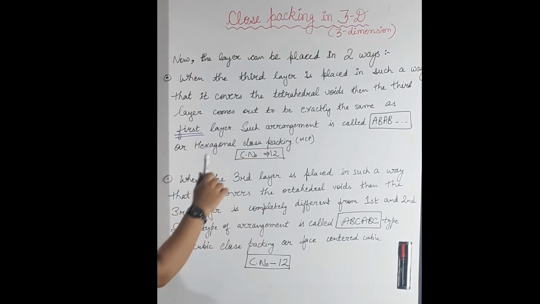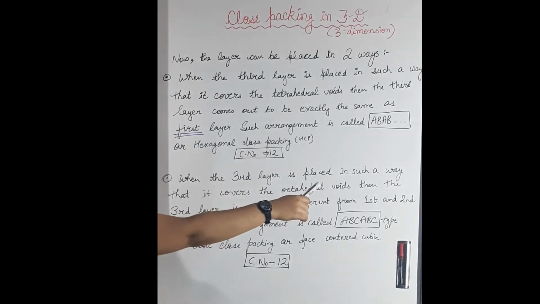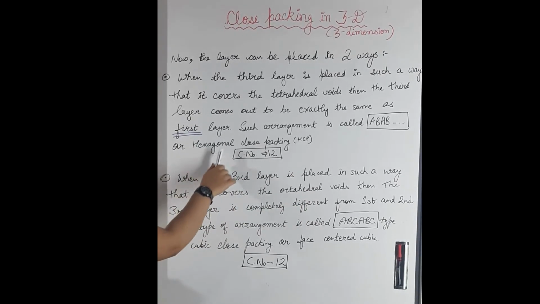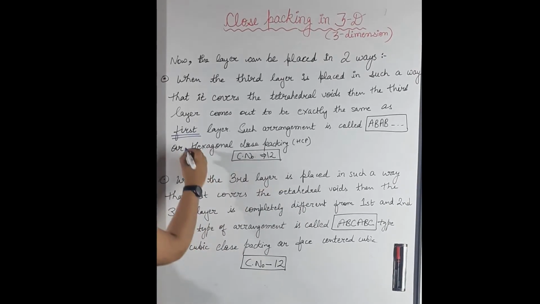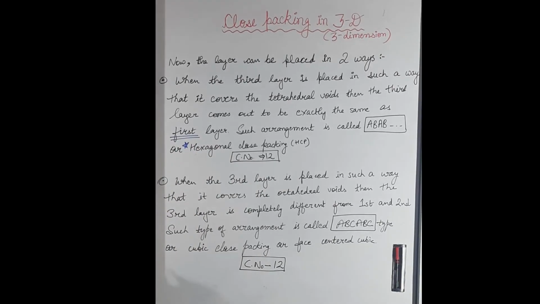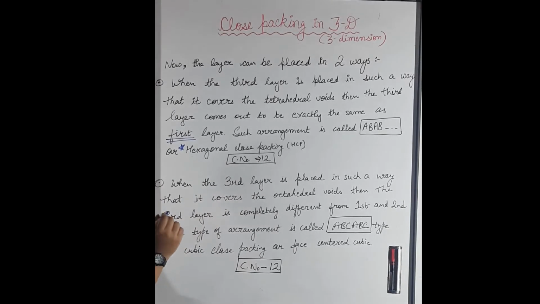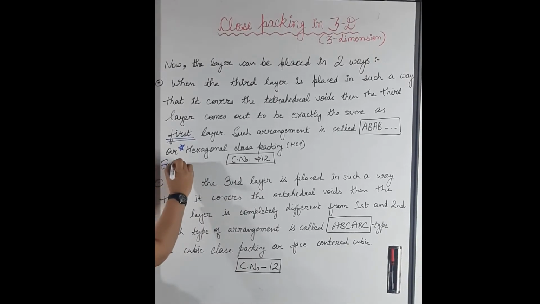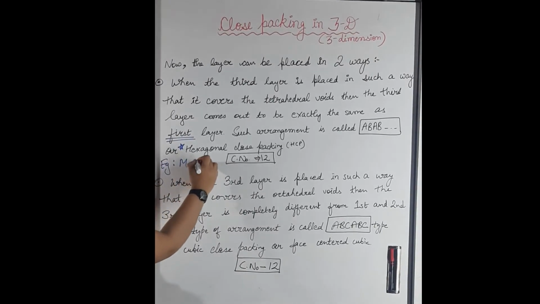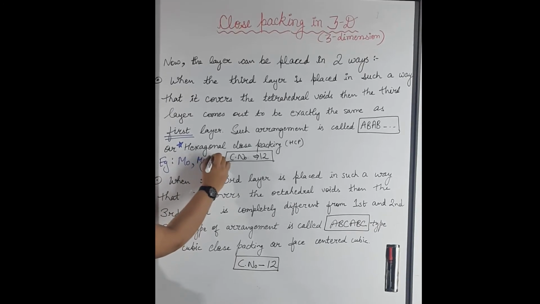Such an arrangement is called ABAB type of arrangement or hexagonal close packing, HCP. This is very important, guys. Here the coordination number is 12. Example, you may note it down: molybdenum, magnesium or beryllium.